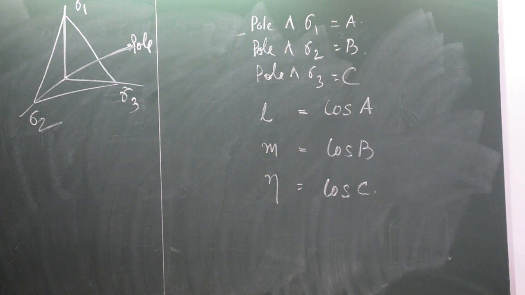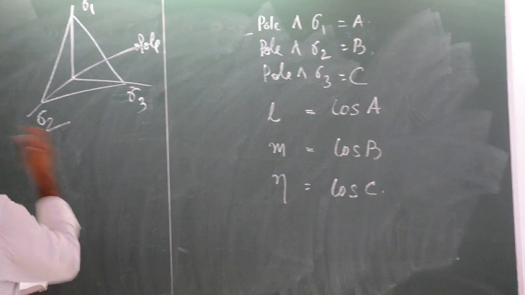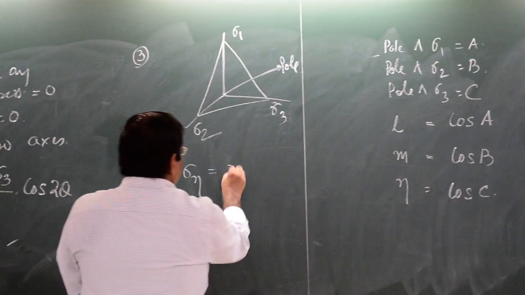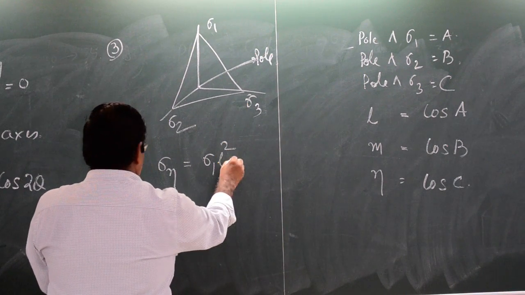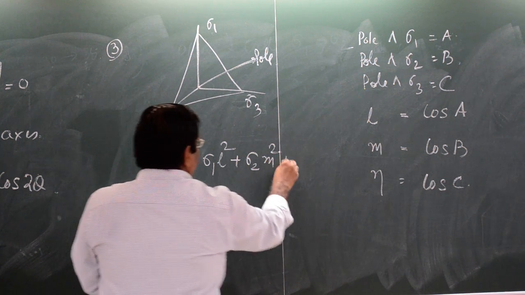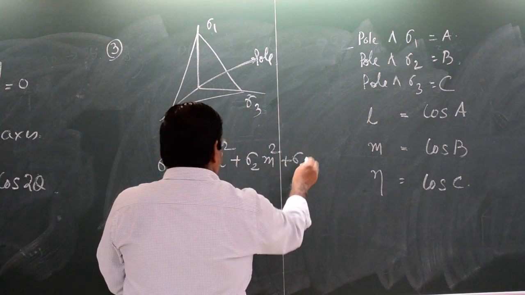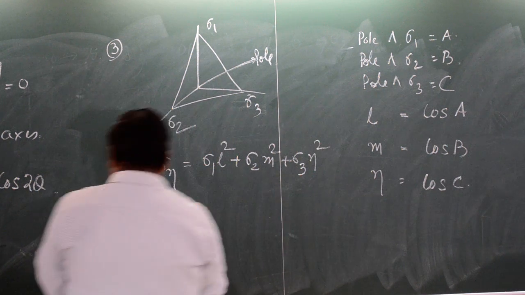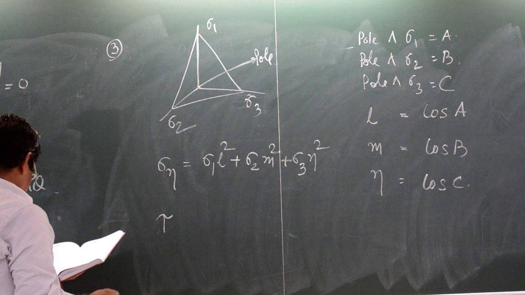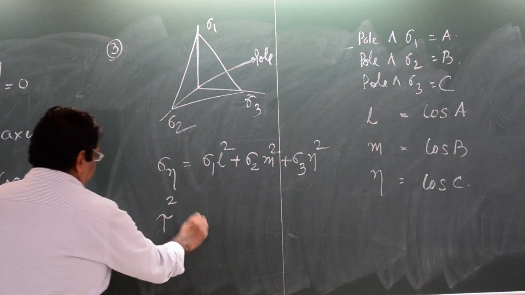So what he writes, sigma 1 l square plus sigma 2 m square plus sigma 3 n square. This is normal stress and shear stress का स्क्वायर निकलता है.